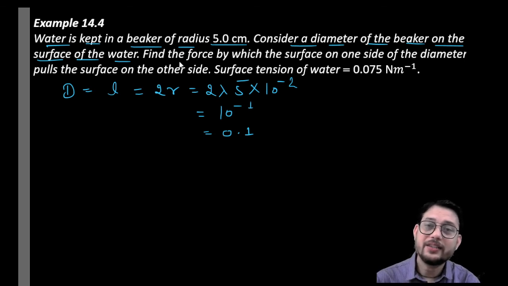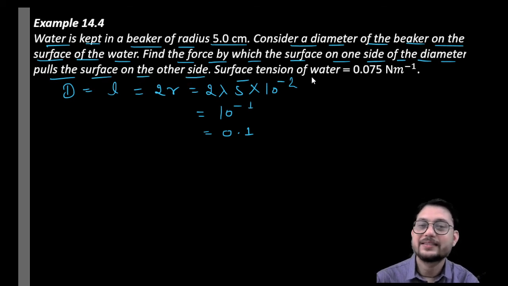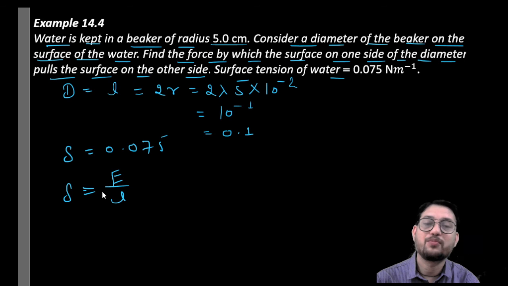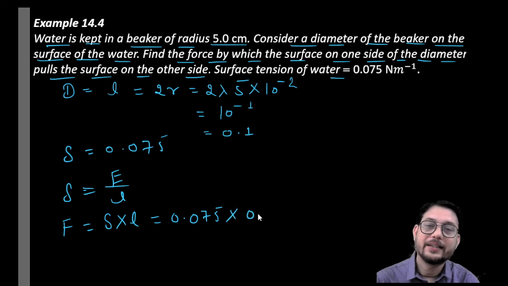Now find the force by which the surface on one side of the diameter pulls the surface on the other side, and the surface tension is given. So surface tension, that is S, is 0.075. And we know the formula: surface tension is force per unit length experienced by the imaginary line. So force will be nothing but S into L, that is 0.075 multiplied by L, that is 0.1.